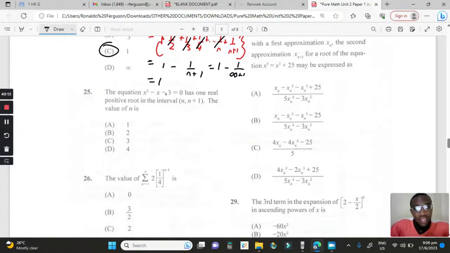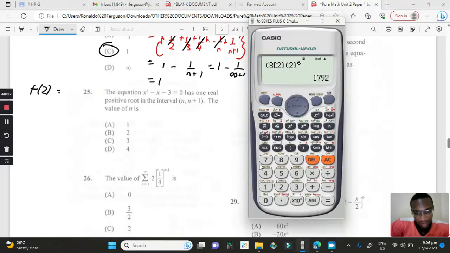Number 25, this equation here, and they want us to find the value of n. So just going to use trial and error. F of 2. I'm hoping for one to be negative and one to be positive. Just starting with 2. 2 cubed minus 2 minus 3.